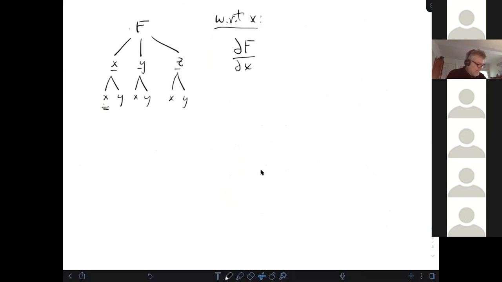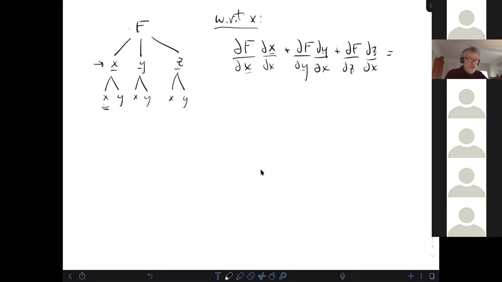It's del f del x, I'll put an underline here so that you know that I'm talking about this one, del x, plus del f del y, del x, plus del f del z, del x. And since I'm differentiating the equation f of x, y, z equals 0 on both sides, of course the derivative of 0 with respect to x is 0. So I just applied the chain rule, and this is what I get.